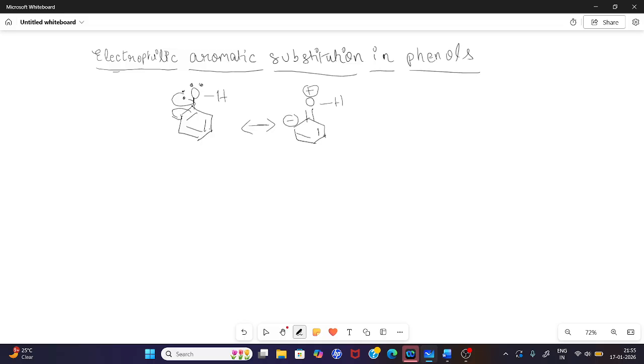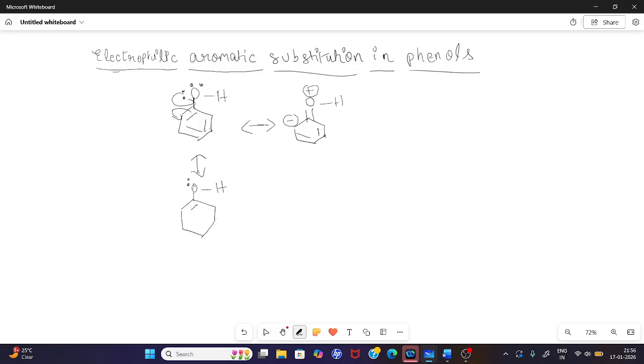So this is one of its forms, and it can also exist in another form where it undergoes a phenomenon called extended conjugation. So we'll draw the same phenol but in a manner of extended conjugation.